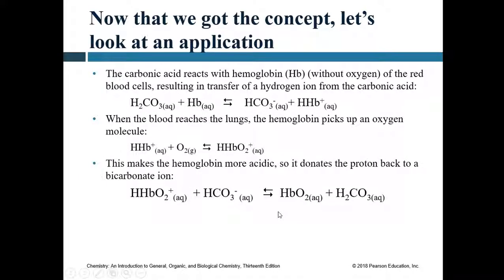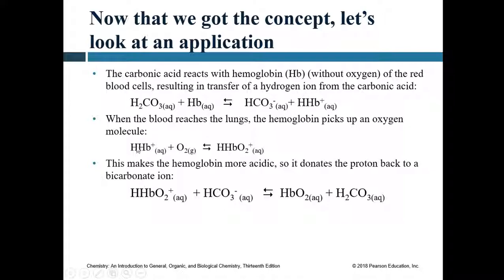Let's continue on. Now then, the carbonic acid is going to react with our hemoglobin that doesn't have the oxygen, of the red blood cells, and when it does, it transfers the hydrogen ion from carbonic acid. So it's going to transfer a hydrogen ion to here, and in so doing, it makes our bicarbonate ion. Now then, this is transported, it doesn't just sit there.